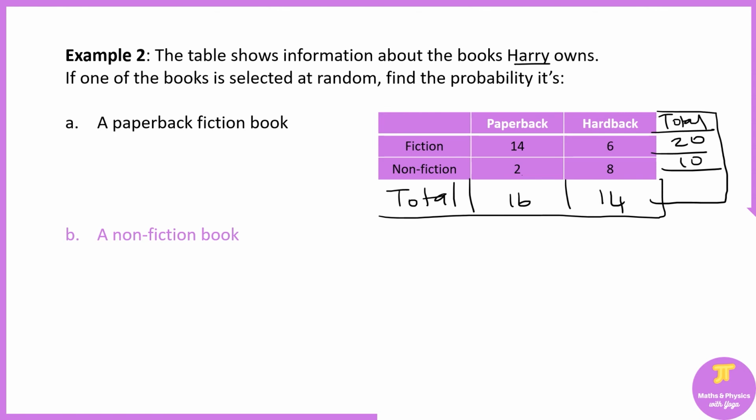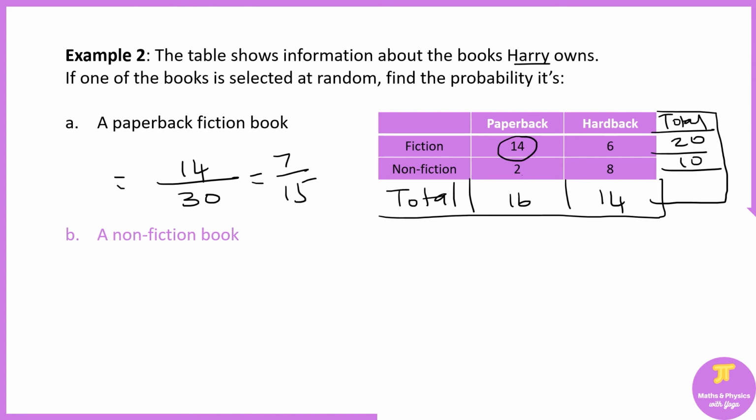Now you are going to pick one out of 30, so the probability is always going to be divided by 30 because there are 30 different books. A paperback fiction book. How many paperback fiction books are there? There are 14 possibilities. So the probability is going to be 14 out of 30. If you simplify this, it's going to be 7 over 15.